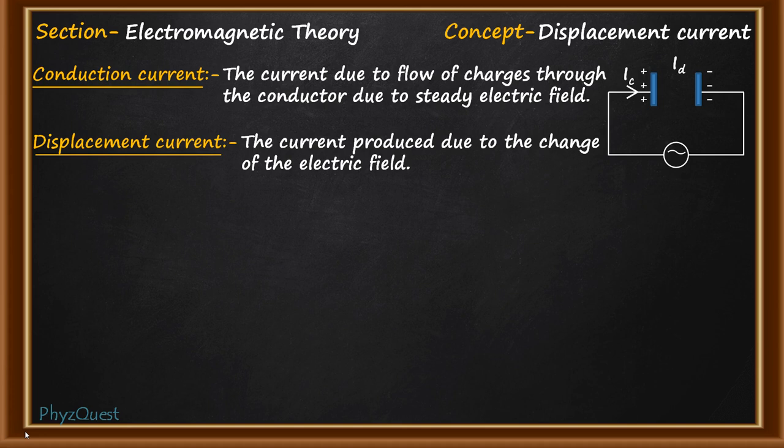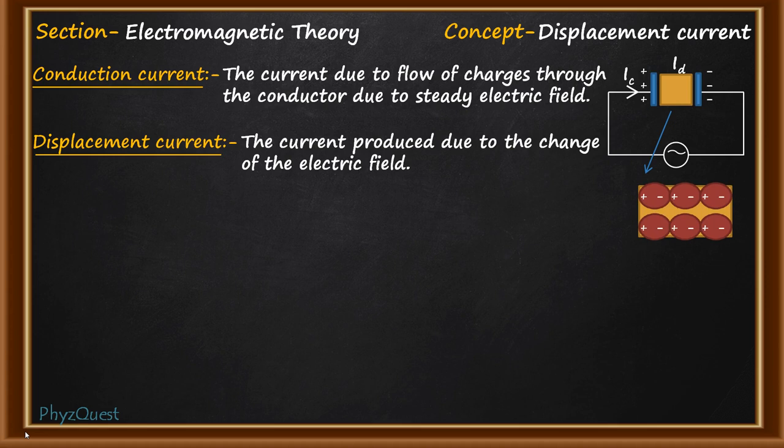Now suppose a material is placed in between the plates. When the power source is connected, the atoms of this material will be affected. The electrons of the atoms will deviate towards one direction, and the positive nuclei will displace towards another direction.